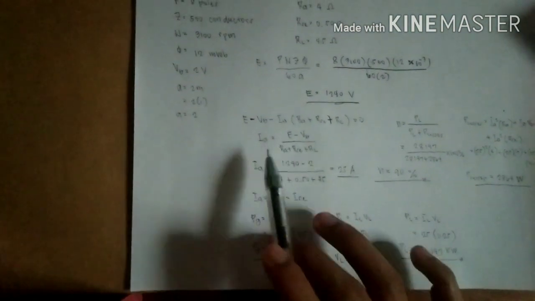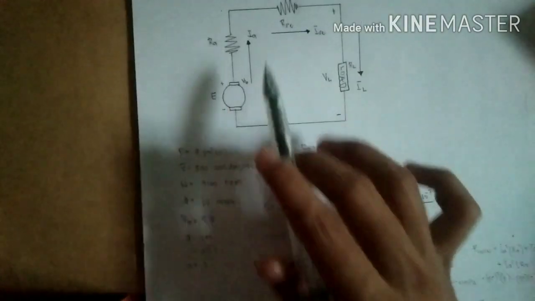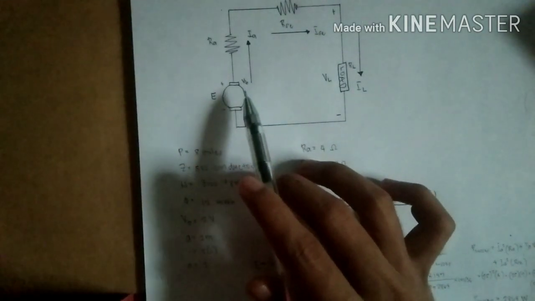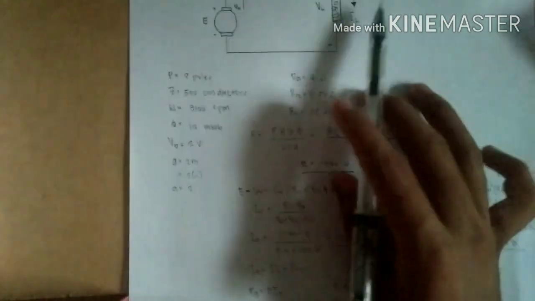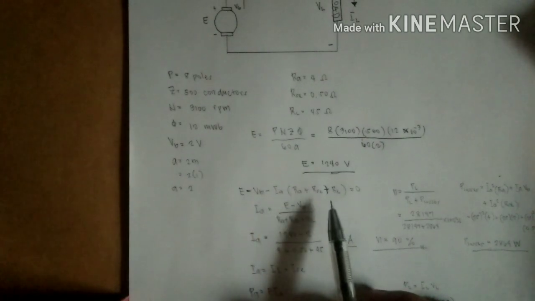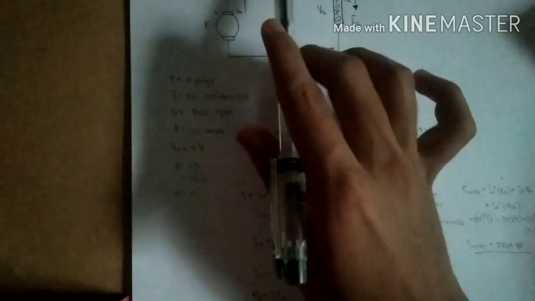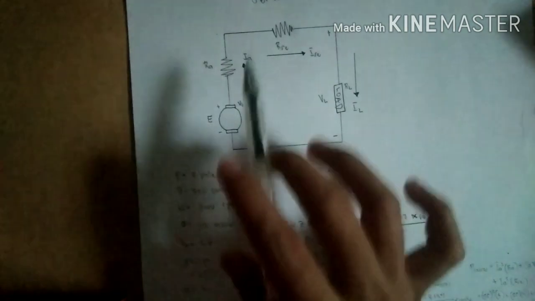Upon applying KVL in the diagram, this is the equation: E minus VB, or the brush drop, minus IA times RA, plus, since it is in series, I get the R total, or the resistance total here.